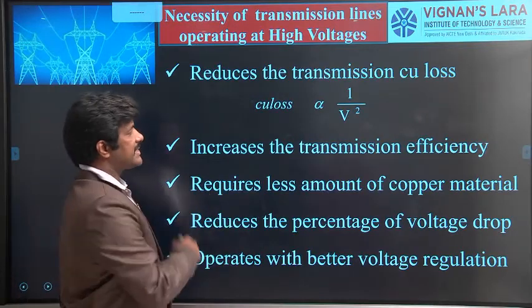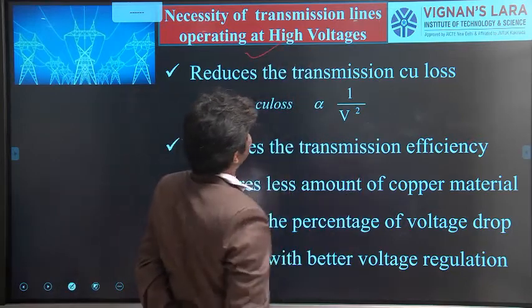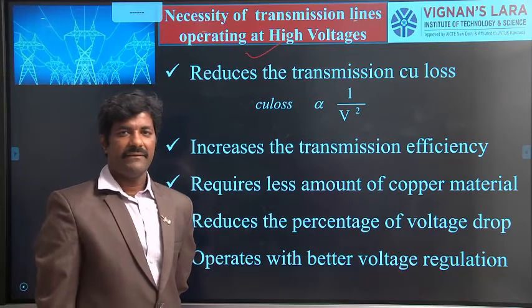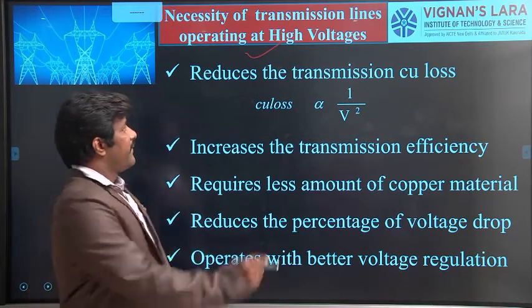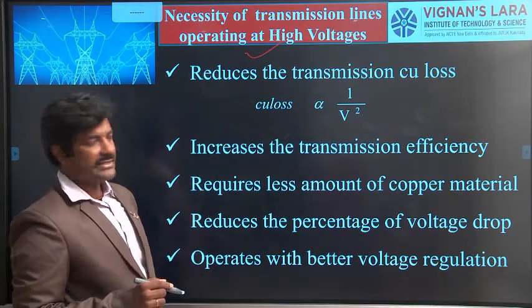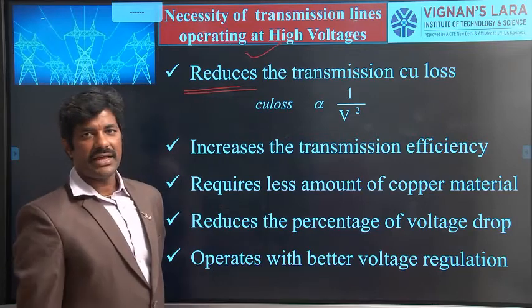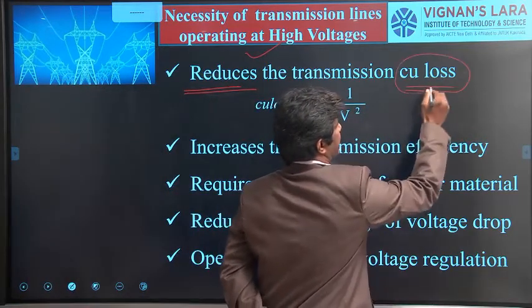So at this point we are going to learn the exact necessity of the transmission lines operating at high voltages. Whenever the transmission line is operated at high voltages, we have many advantages. The first and foremost advantage is that it reduces the transmission copper losses, which is very important.